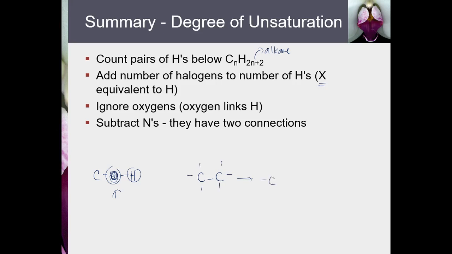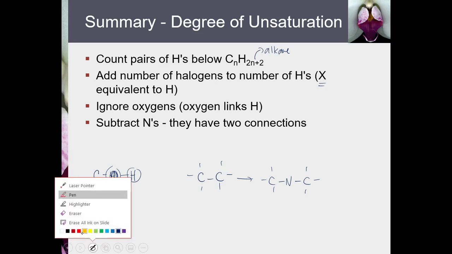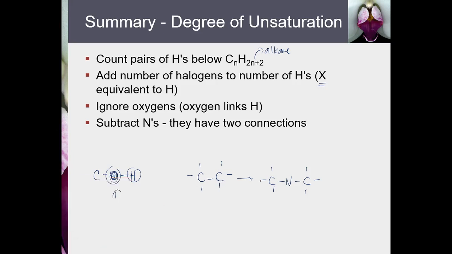Kung gusto mong maglagay dito ng nitrogen, may madadagdag na isang hydrogen dito. So, every time there is a nitrogen na nailagay, yung H dito, yan ay ibabawas natin dun sa formula. So, you subtract the extra H to arrive at the equivalent hydrocarbon formula.